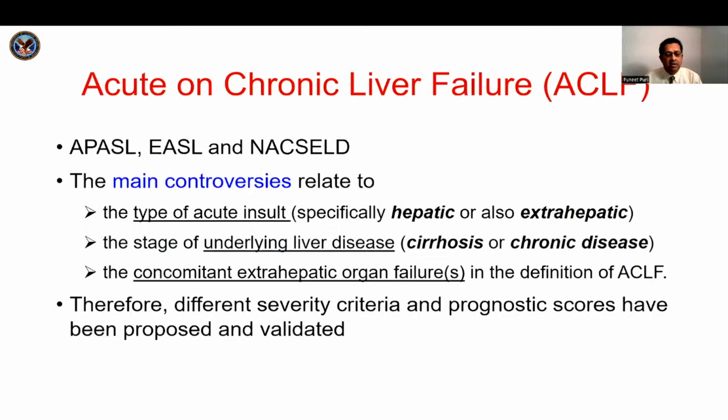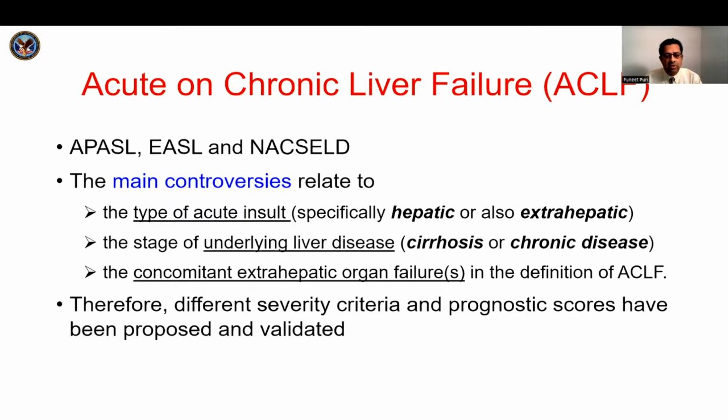A specific entity that has caught a lot of attention and merits specific mention is acute-on-chronic liver failure, for which the three different societies, the Asian Pacific, the European, and the North American, have all agreed on many common facets. However, certain controversies remain. First, the type of acute insult, which could be either hepatic or extrahepatic.